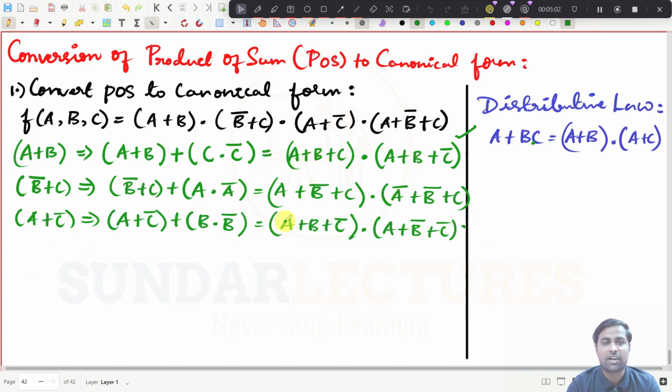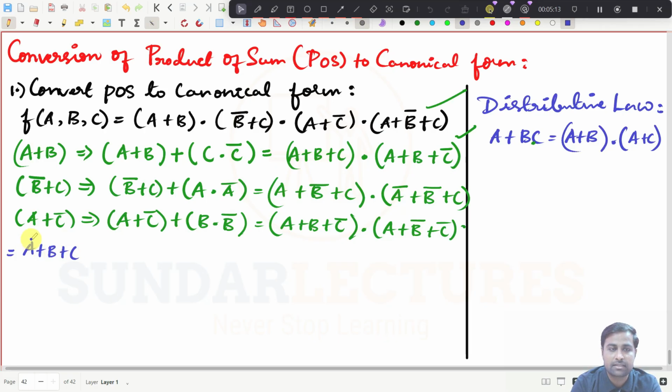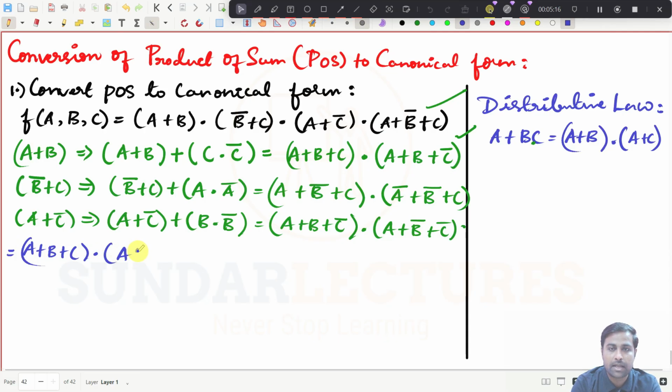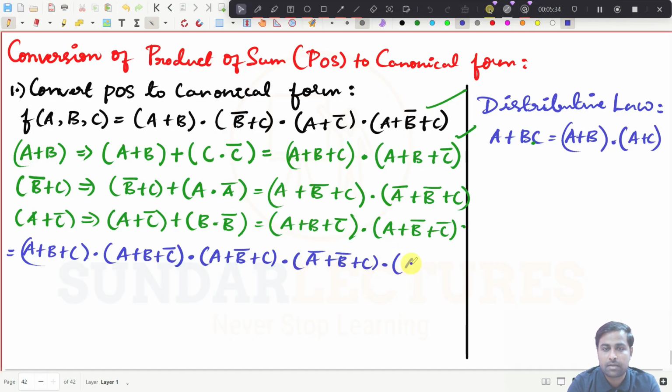So finally, I can write all these terms now. Because this is a full term, no problem. So it is equal to, you write every term now. A plus B plus C, that is the first term, and then A plus B plus C bar, that is the second term, dot A plus B bar plus C, dot A bar plus B bar plus C, dot A plus B plus C bar, dot A plus B bar plus C bar.